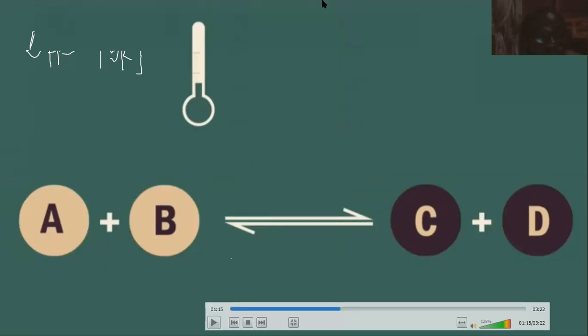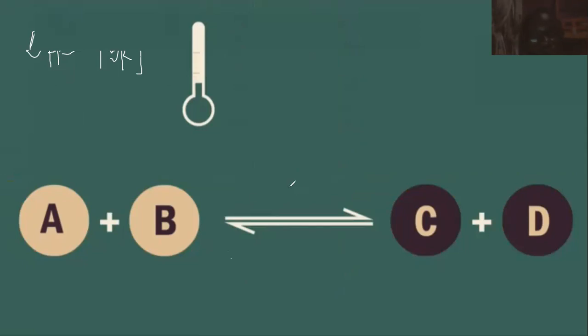Now, what just happened is, when you increase the temperature, remember the forward reaction is already exothermic, and this is endothermic. This is an exothermic reaction because of this heat being released.